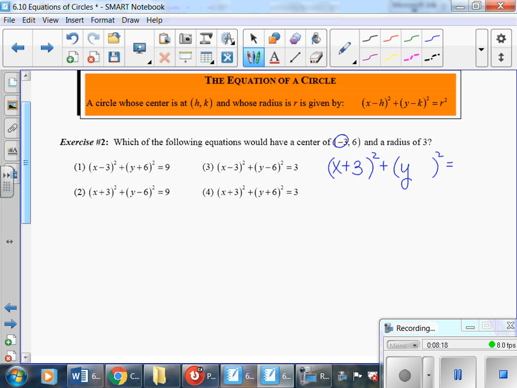It's y minus 6 is equal to 3 squared, which of course we know is 9. So taking a look at this, these look so similar. The only one that we know it's not is this one because it has to equal r squared. So that's a trap. Don't fall for it. So we know it's positive 3 and negative 6. So we can see that 2 is going to be the correct answer.